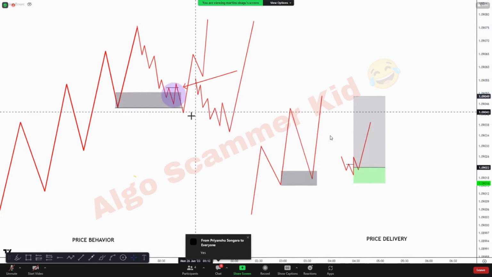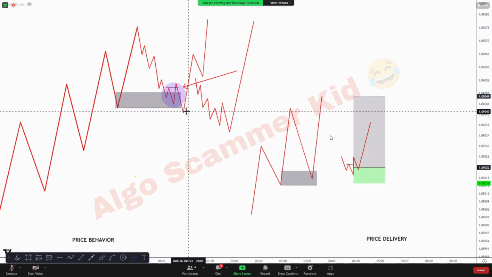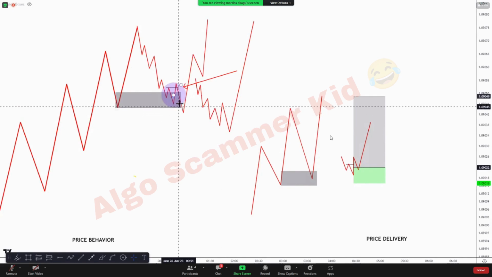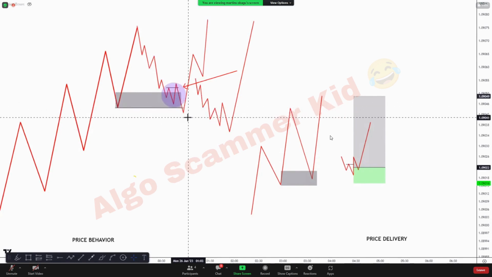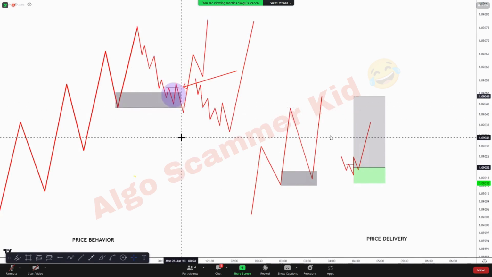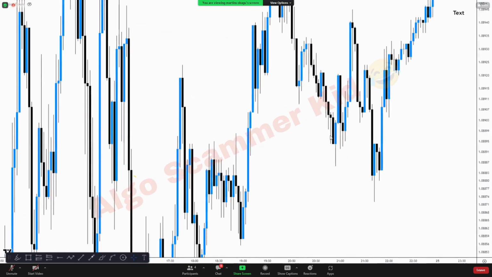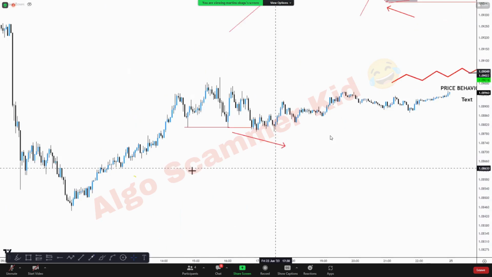So price behavior can occur before an inducement or after an inducement. Just take notes of price behavior when expecting or anticipating an inducement. So let's work with real price action.